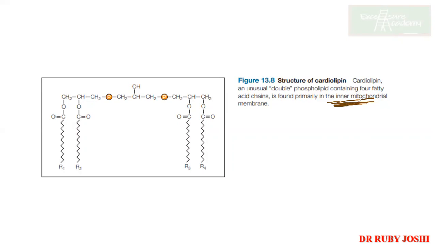As I already said, it is present in the inner mitochondrial membrane. What is the speciality of the inner mitochondrial membrane? It is less permeable to molecules and ions. Okay. Then what else?